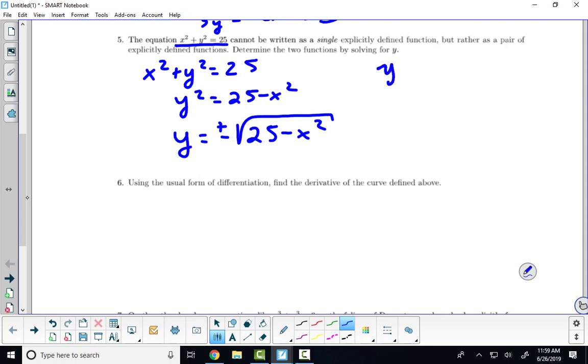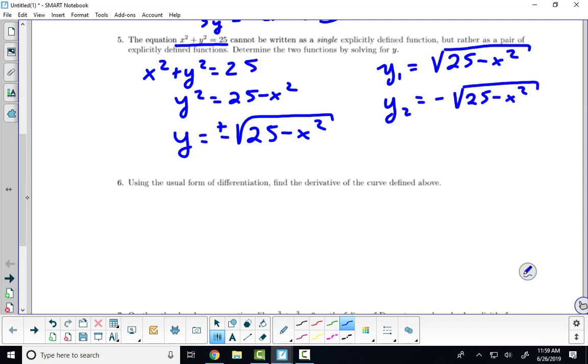Our first function is y1 equals the square root of 25 minus x squared. And our second function is y2 equals negative square root of 25 minus x squared. Notice that this expression right here is not a function, not an explicit function. How come?